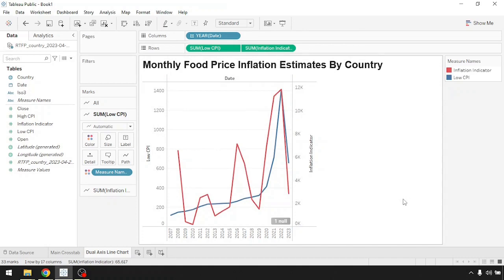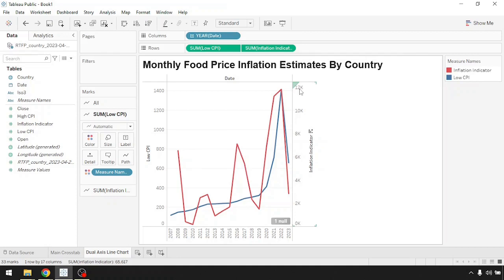As you can see, we are comparing the measurement on the y-axis for low CPI, which ranges from 0 to 1400, with inflation indicator whose measurement ranges from 0 to 12,000. So this is a very huge discrepancy in terms of measurement ratio.